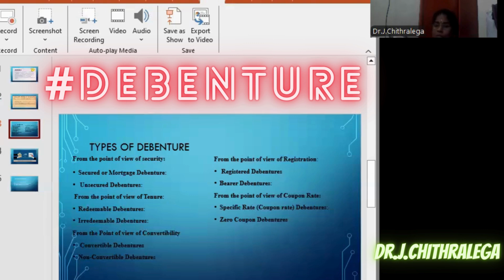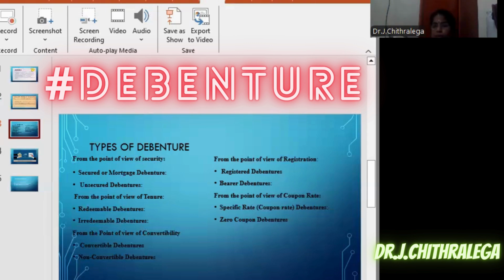And you have another one, bearer debentures, which are transferred by mere delivery, and the company keeps no record of such debenture holders at all. Payment will be made only to the bearers of the debentures. And here even coupons are provided by the company with these debentures for payment of the interest.